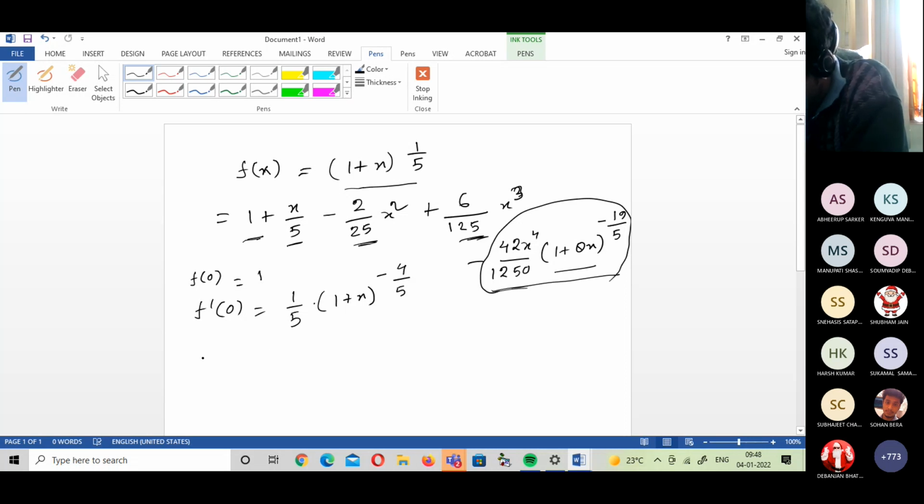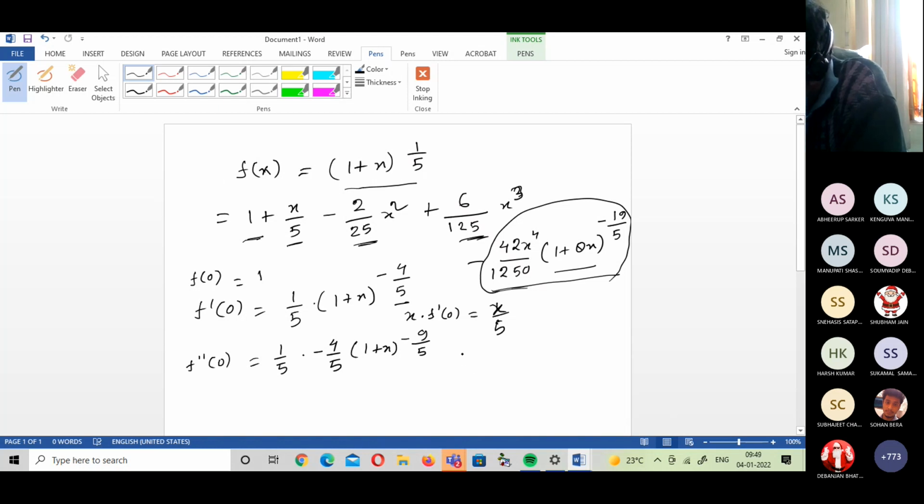Here x into f dash 0 is x by 5. Similarly, f double dash 0 will be 1 by 5 into minus 4 by 5, and (1 plus x) to the power minus 4 by 5 minus 1, so (1 plus x) to the power minus 9 by 5.